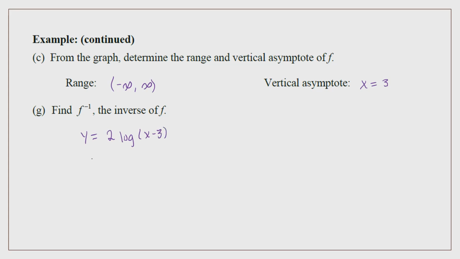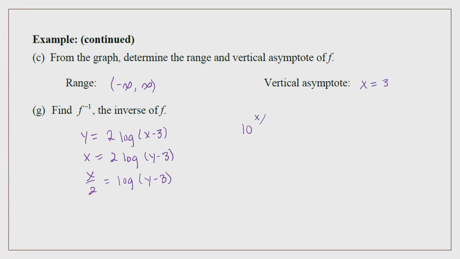Once we set it equal to y, we can interchange the x and the y in our function. After interchanging, we now want to solve for y. So we'll first divide both sides by 2 in order to get the log all by itself. Then we will write this log statement as an exponential statement. Since we're dealing with a log and no visible base, we know that the base is the common log 10.